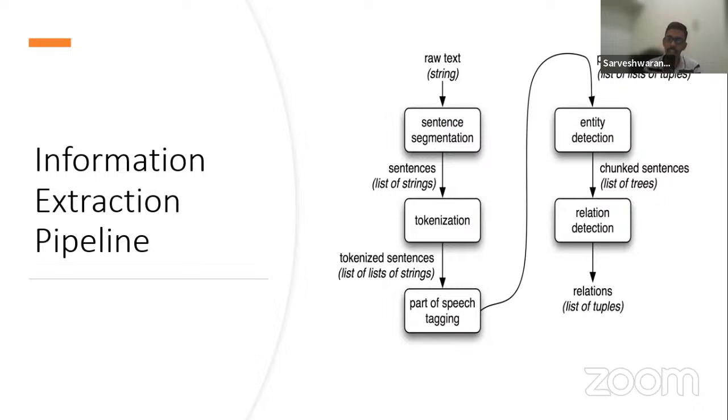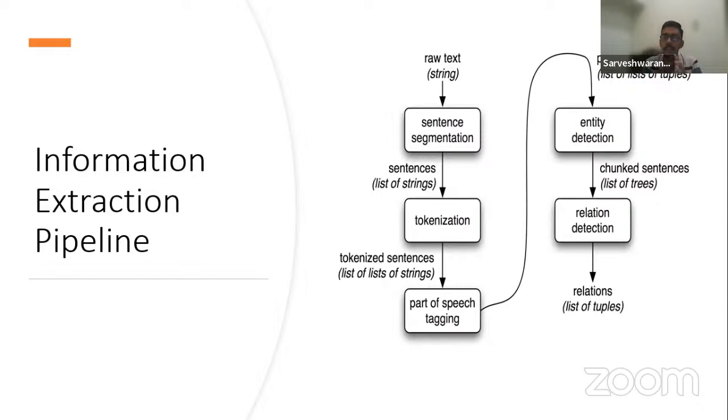The third step is part of speech tagging. I'll show you how the part of speech tagging is done. Then I do entity detection. What is entity detection? Like I showed you some time back, out of all the information, I need after all the 10 different entities, such as the name, institute, and years of experience in resume shortlisting.